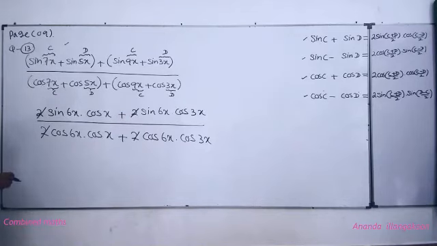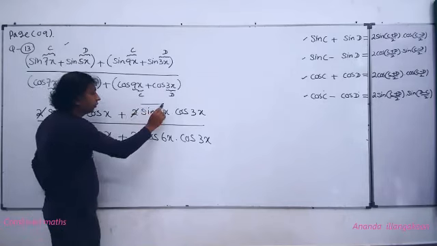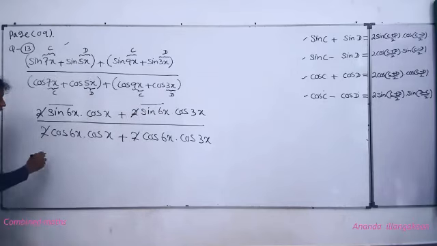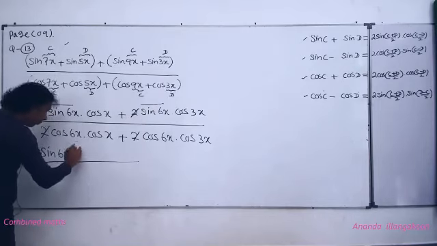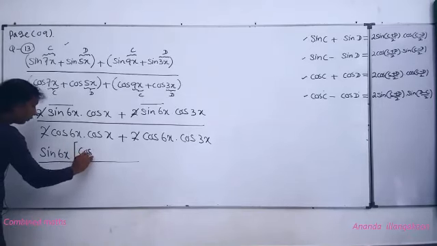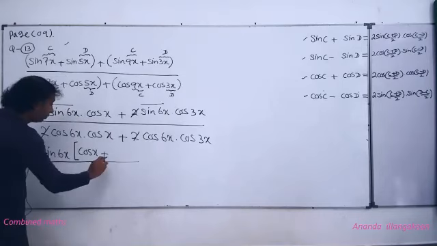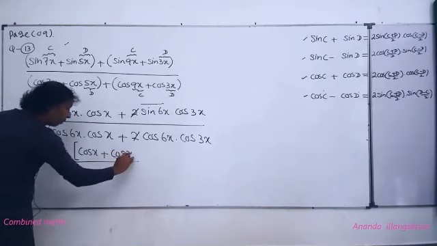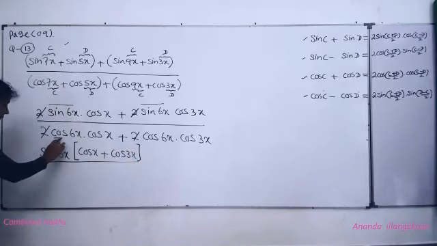From this numerator, sin 6x is common, take it out. Here now, this is cos x plus this is cos 3x. And from the denominator, people, cos 6x is common.